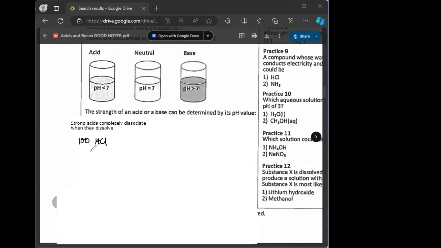Then what happens is that all of these 100 HCl molecules will completely split when they dissolve in water. So that would make 100 hydrogen ions and then 100 Cl minus ions.